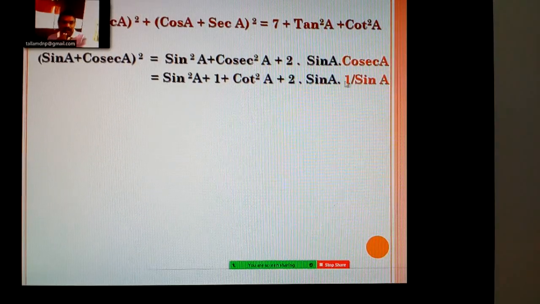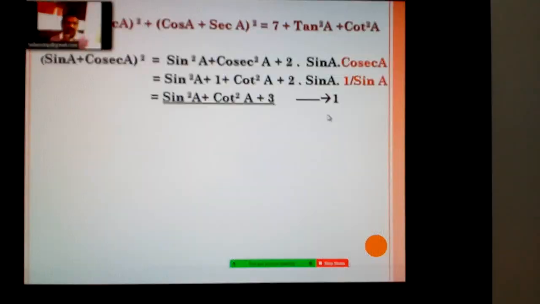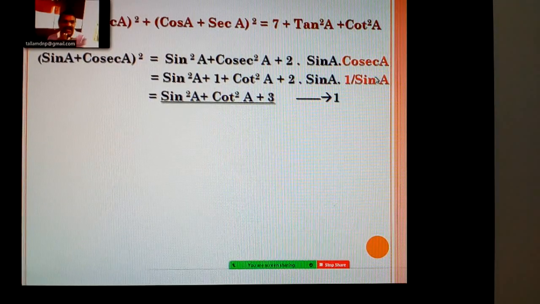Here it is in the numerator, it is in the denominator. So the sin and sin get cancelled. Then finally what remains? sin² A + cot² A, here 1 and 2 together plus 3. Let it be equation 1.